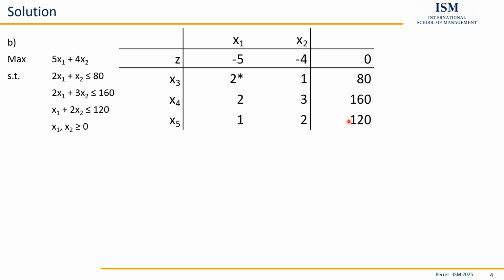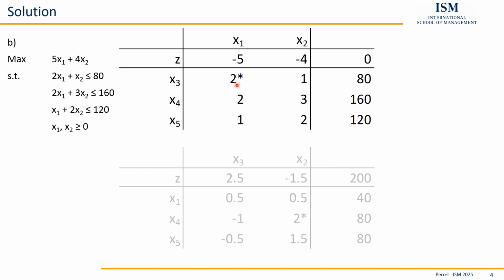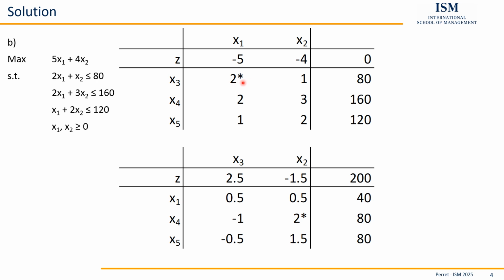Here I have 120. And then out of these 3, I select the one which resulted in the smallest outcome, which would be this one with 40. So this becomes pivot row. This was pivot column. So the 2 is my pivot element with which I'm now going to work and do my simplex transformation. This is what I've prepared in this table.